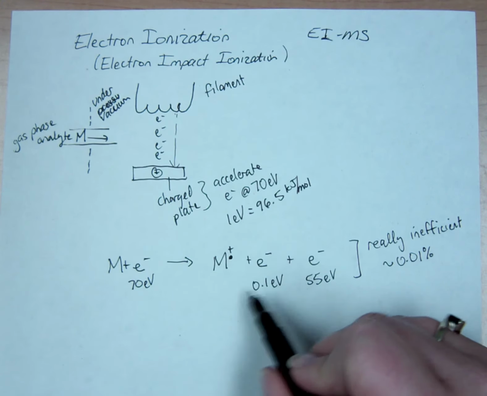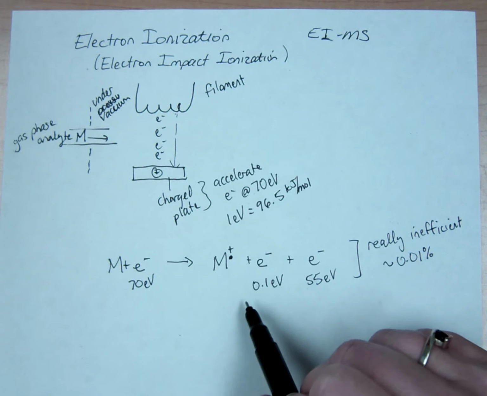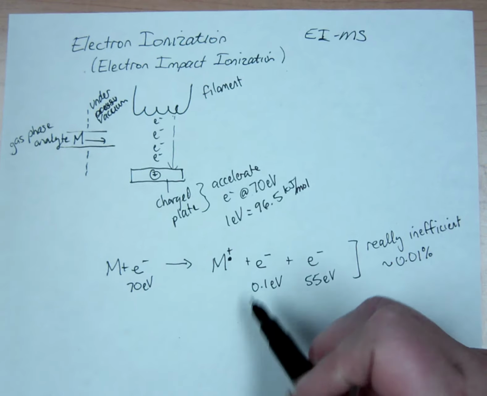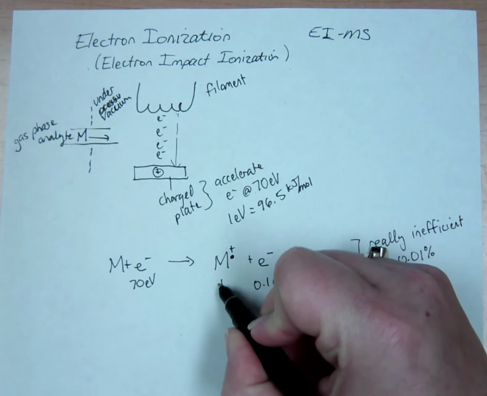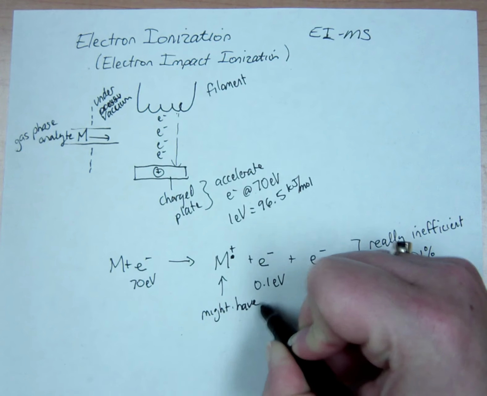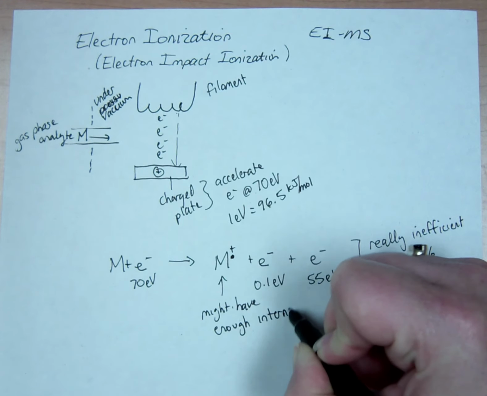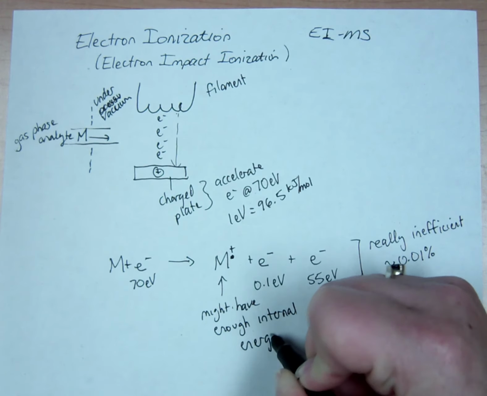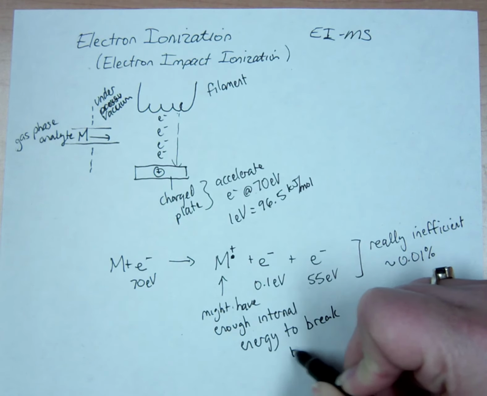Now, while we've used some of the energy from the high energy electron to knock this electron out, we might still be left with enough internal energy for fragmentation. It might have enough internal energy to break some bonds and fragment.